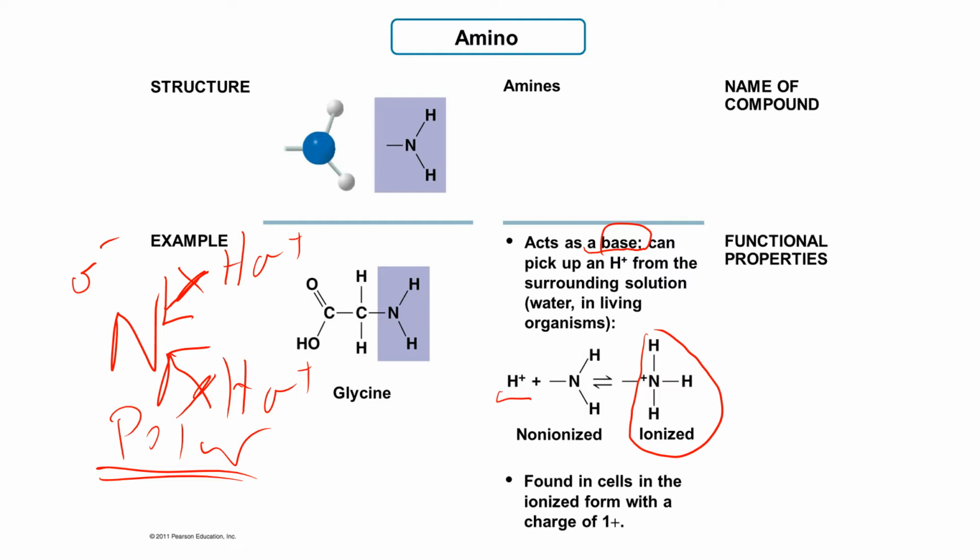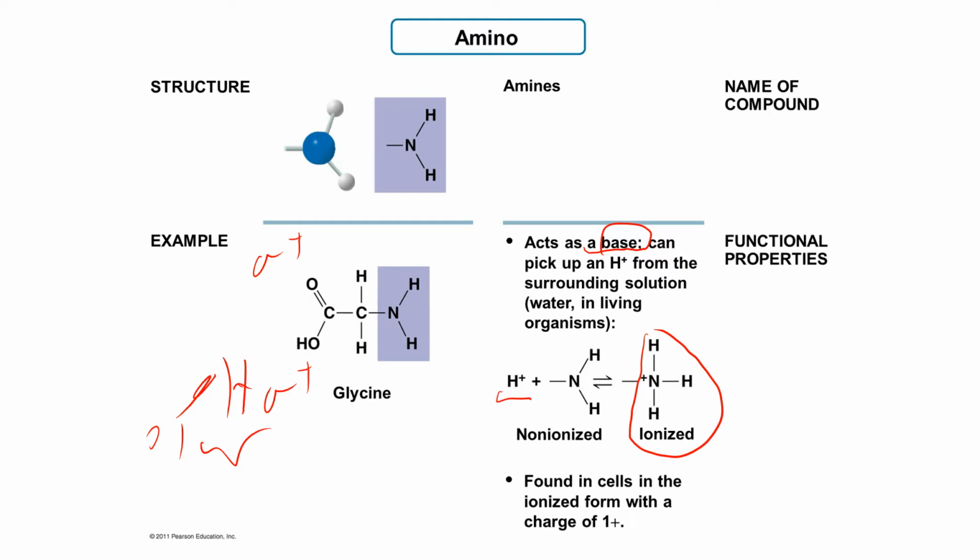Here you have a molecule of glycine. Later on we'll talk about proteins and how proteins are made, but to give you a little bit of a preview, glycine is an amino acid. Amino acids are building blocks of proteins.